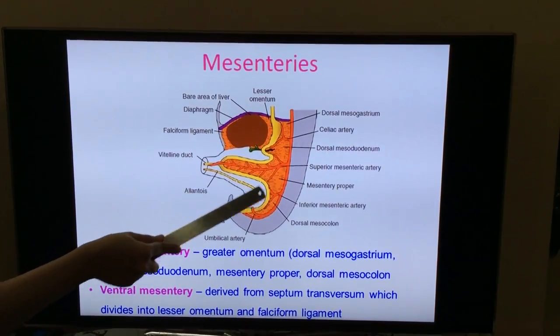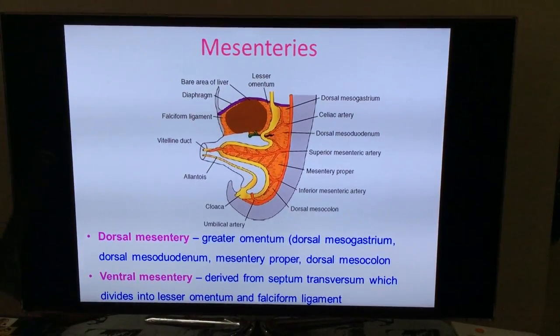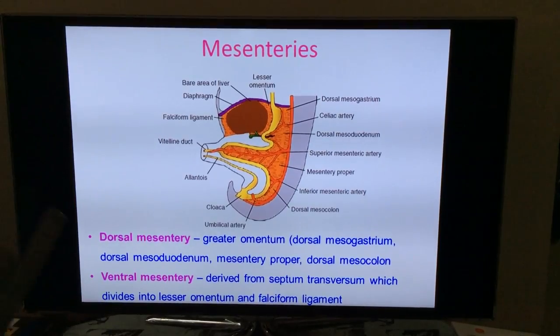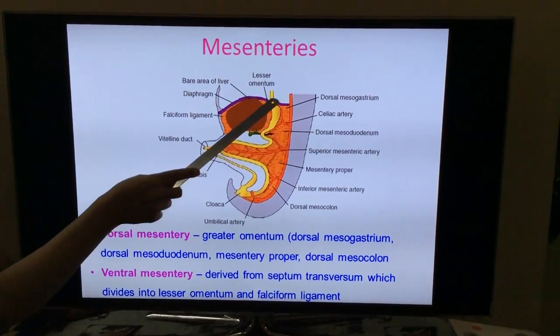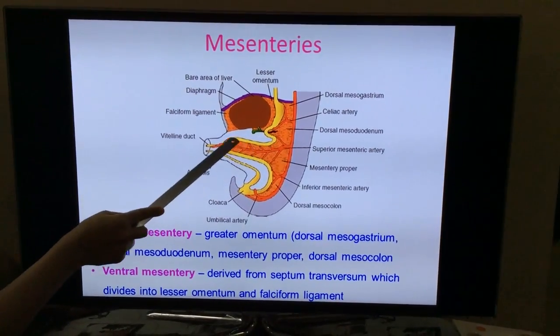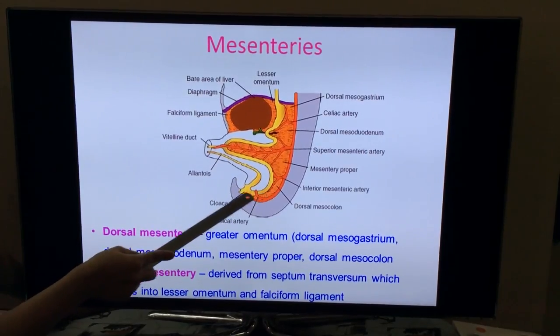This gut tube, or the endodermal tube, is suspended by two mesenteries, one on the dorsal aspect and one on the ventral aspect. You can see here, this is the gut tube: the foregut, then the midgut, then the hindgut.